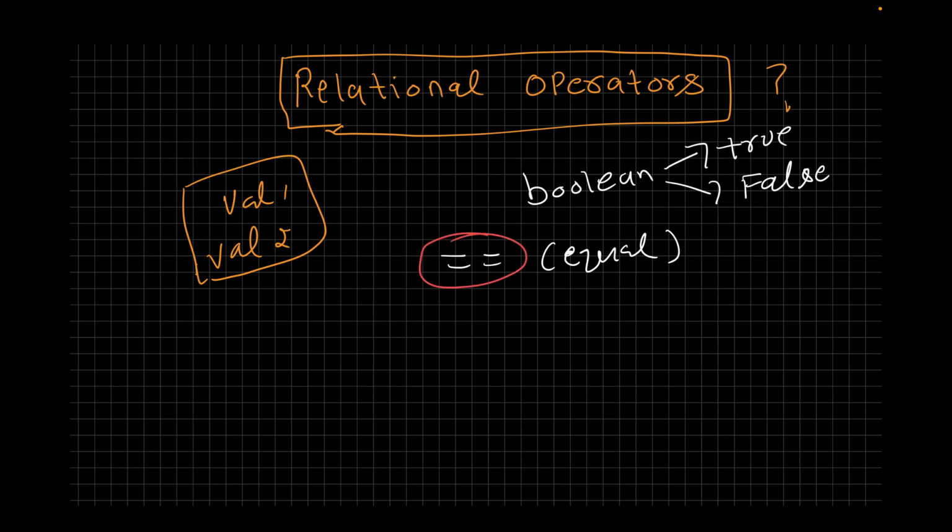All right, so that is number one. Then we have not equals. Then we have greater than, we have less than, we have greater than or equal to, and then we have less than or equal to. So these are the six different operators in Java.